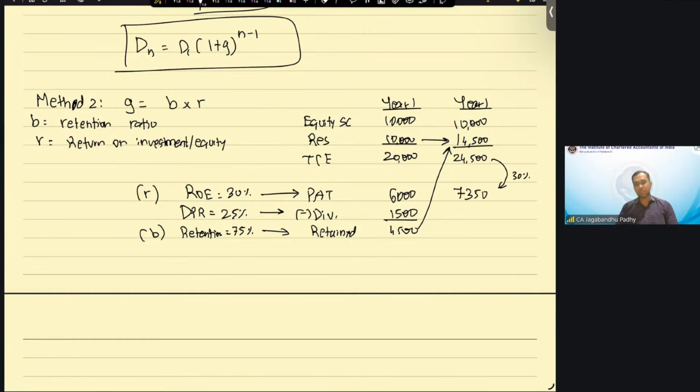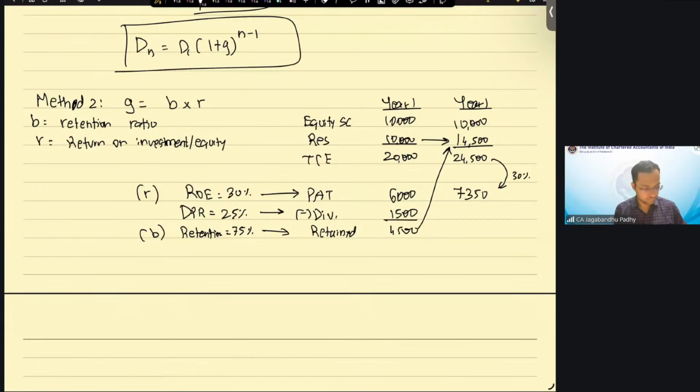Okay. How much is the dividend that you're going to pay now? As a policy, you distribute 25% of your profits. So how much dividend are you going to pay now? 25% of 7,350.